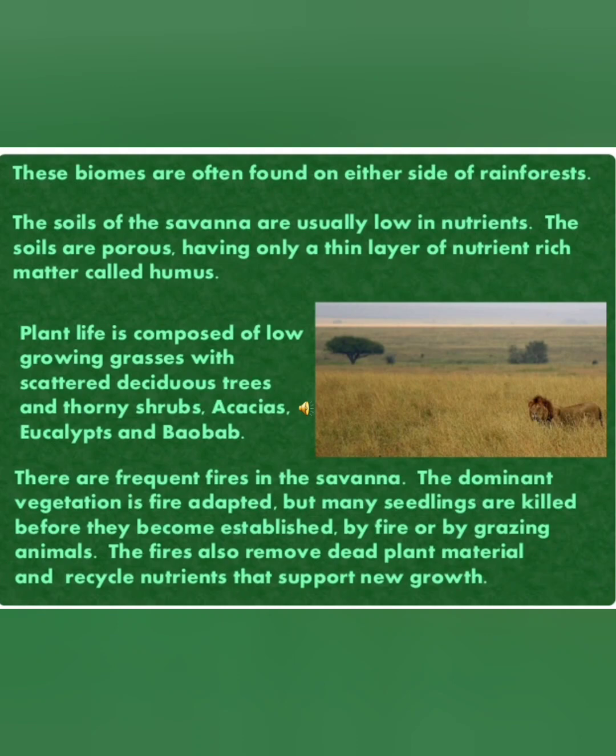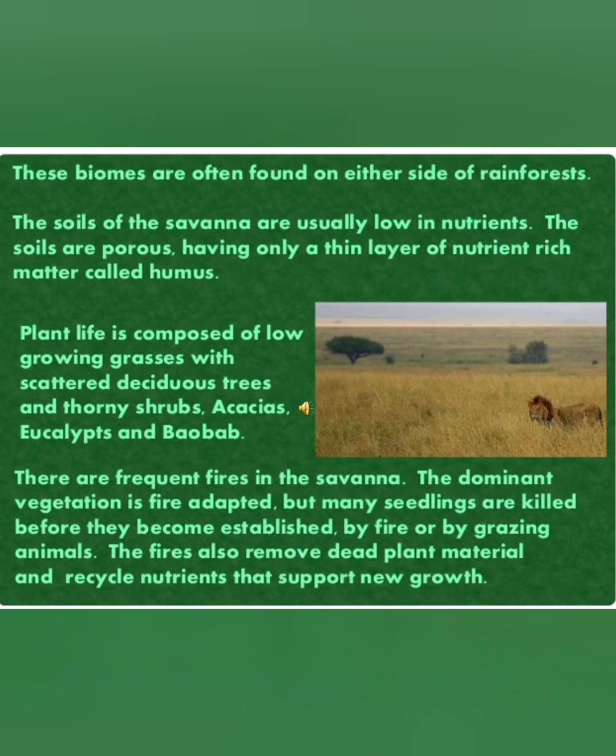Point 1. The soils of the savanna are usually low in nutrients. The soil is porous, having only a thin layer of nutrition rich matter called humus. Point 2.